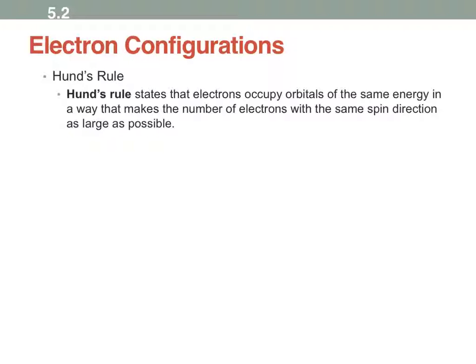To restate this in a way that's going to make sense to you guys, you're looking for the maximum number of unpaired electrons. That's what you ultimately want, because for elements to interact with one another, you want those unpaired electrons in those orbitals, and that's why they form compounds.